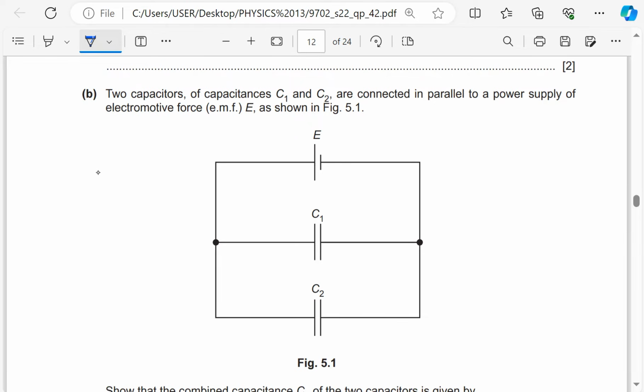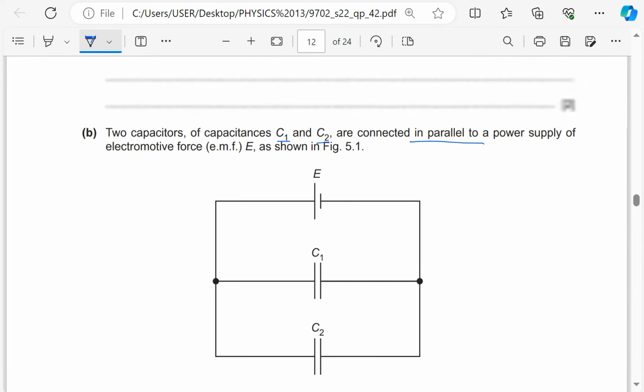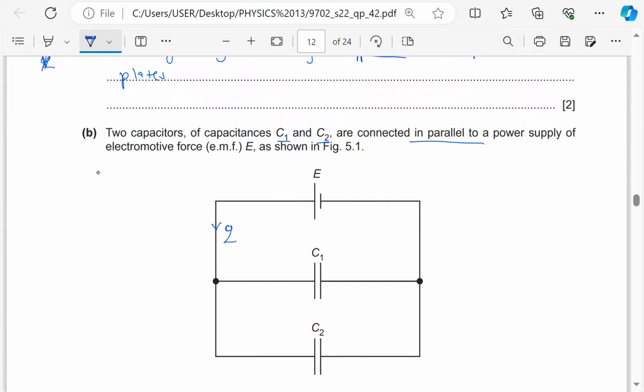Then two capacitors of capacitances C1 and C2 are connected in parallel to a power supply of EMF E as shown in the figure. Show that the combined capacitance C total of the two capacitors is given by C total is C1 plus C2. Now, if this is the battery, let's say total charge leaving the battery is Q. Of course, when charge reaches here, it splits into Q1 and Q2.